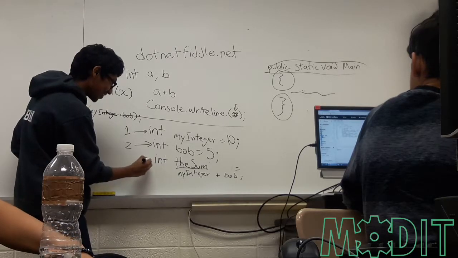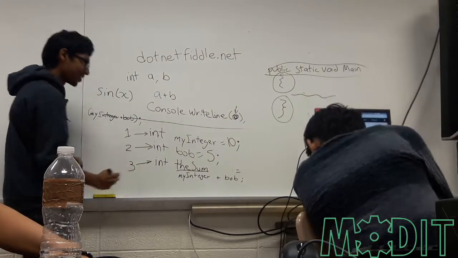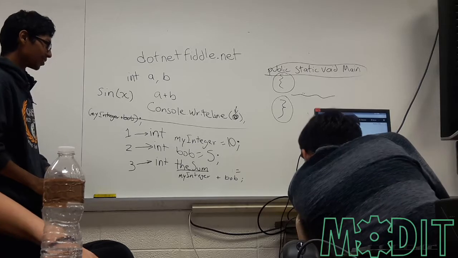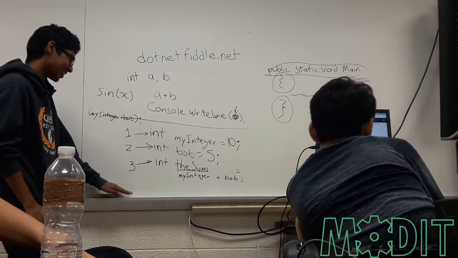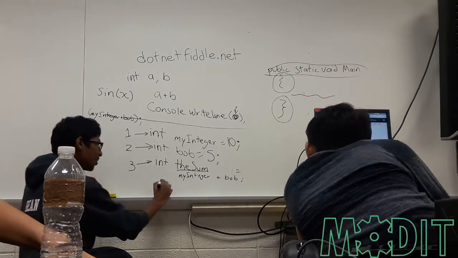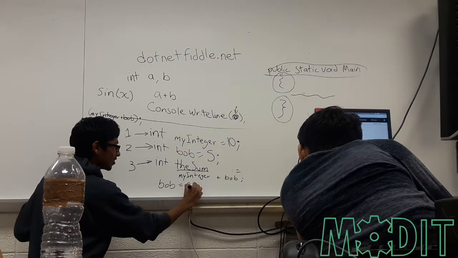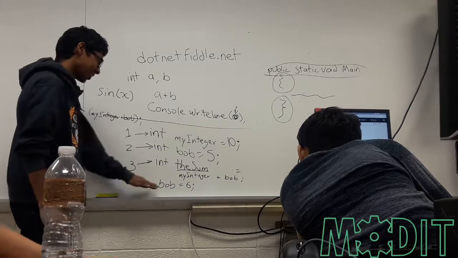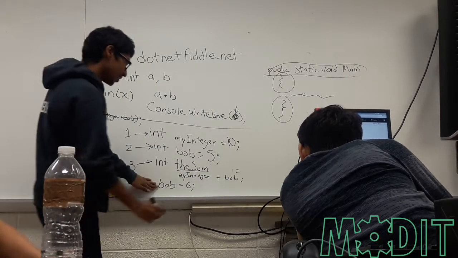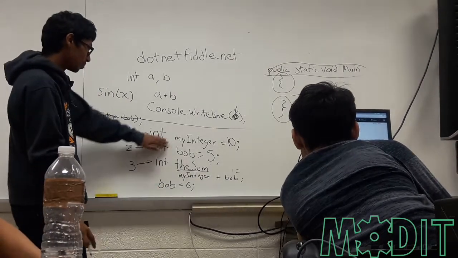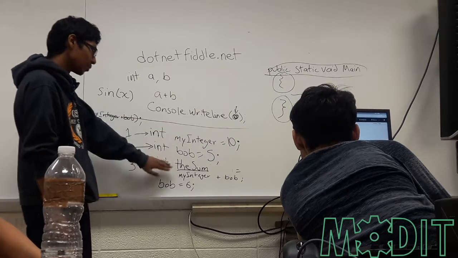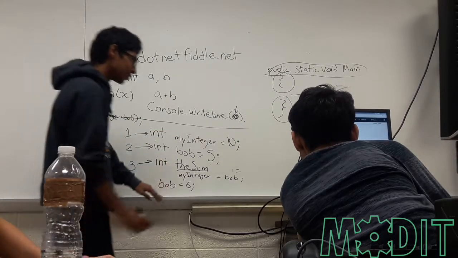And then it runs this line, so that's the third line executed. So if somewhere else, say down here, I were to say Bob equals 6, now Bob is 6. My integer is still 10, but the sum is 15.